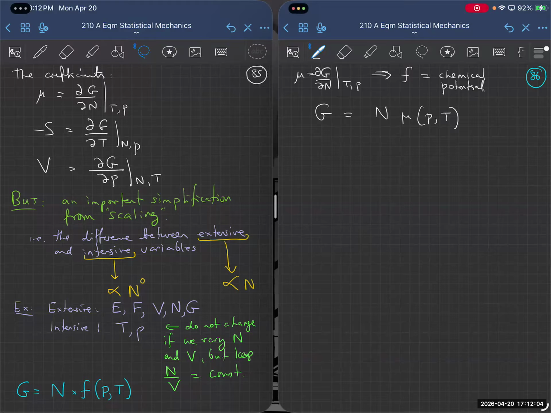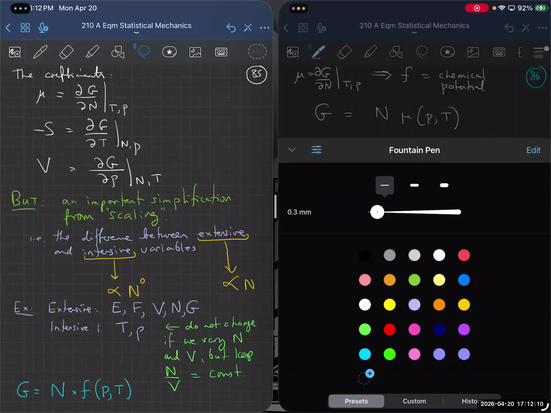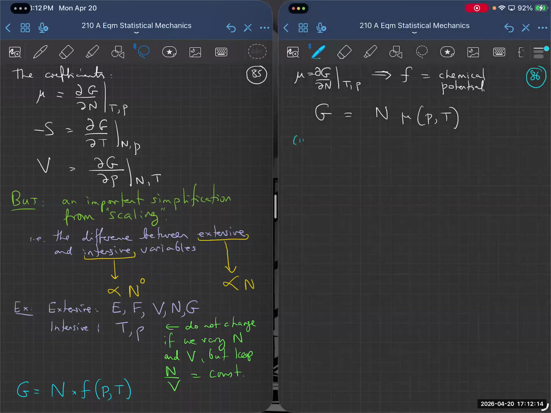Now let's talk about what's called the Gibbs distribution. So I'm calling it the Gibbs distribution, like the Boltzmann distribution. Sometimes it's called the grand canonical distribution.